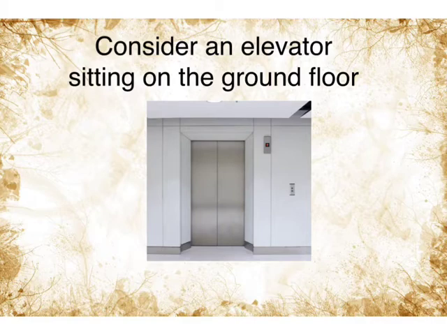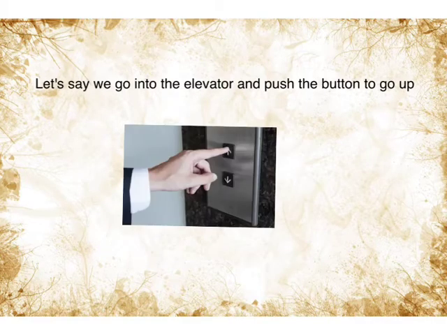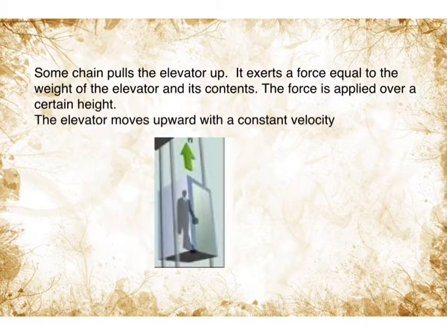Let's consider an elevator. The elevator is sitting on the ground. Let's say we go into the elevator and we push the button to go up. There would be some kind of a chain on the top of the elevator here, and that chain would exert a force equal to the weight of the elevator and its contents, because gravity is pulling the elevator down.